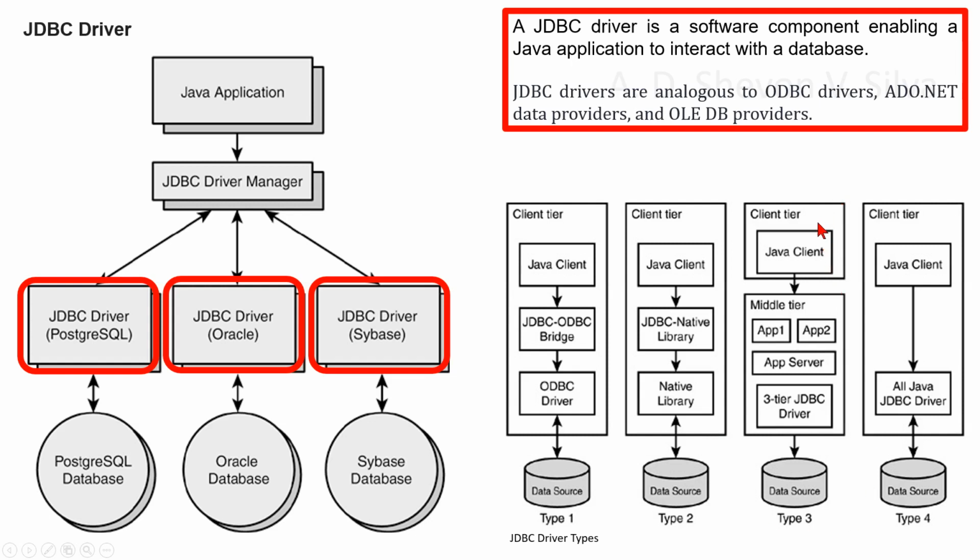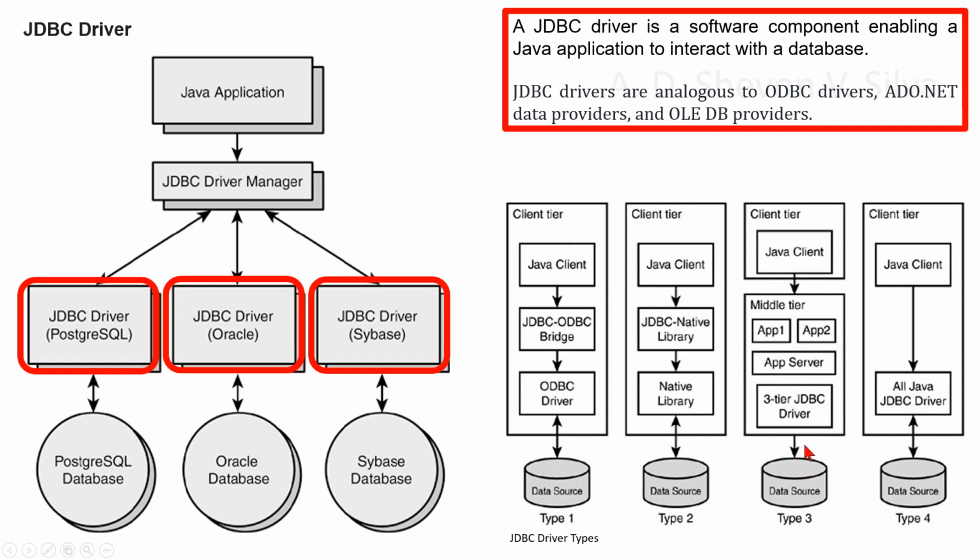In type 3, the Java client is inside the client tier. The Java client is connected to the middle tier. Applications, the application server and the three tier JDBC driver are in the middle tier.